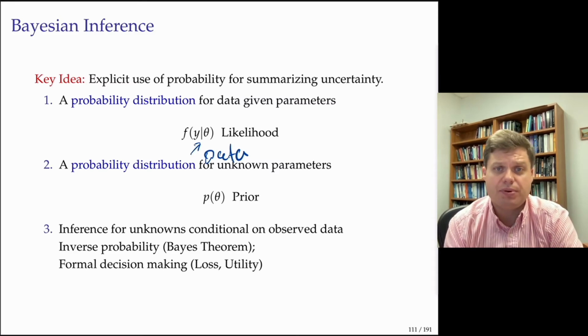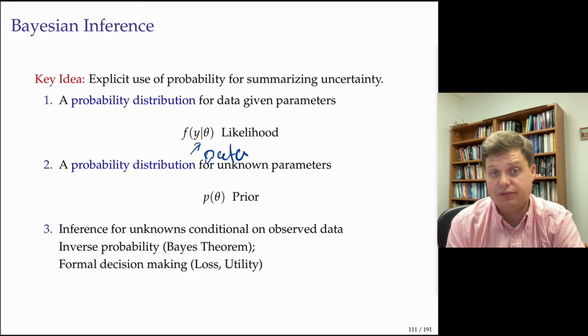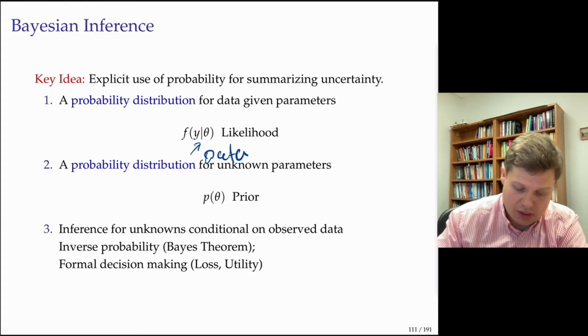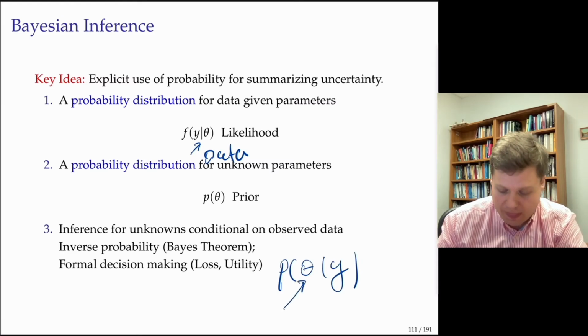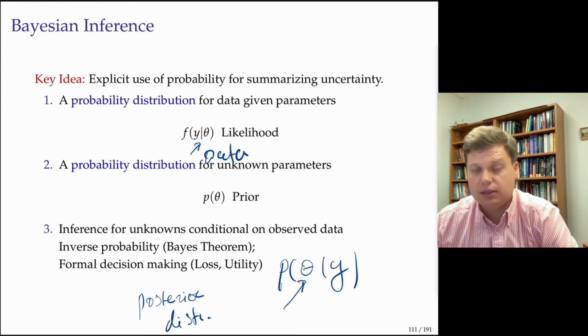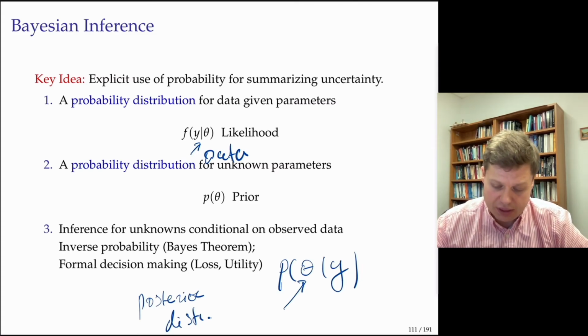You assume some probability distribution for the unknown parameters, which we call the prior, and then inference for the unknowns is conditioned on the observed data. So we really want to find the inverse probability. We want the probability over theta given y. We want to know the posterior distribution over the parameters of the model given the observed data.